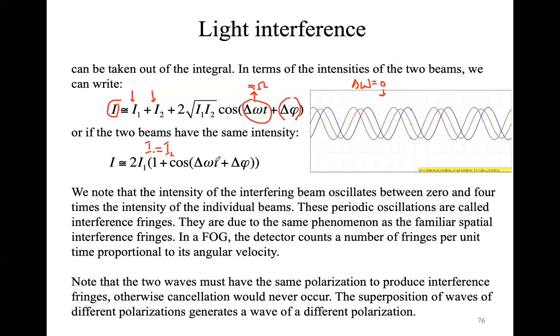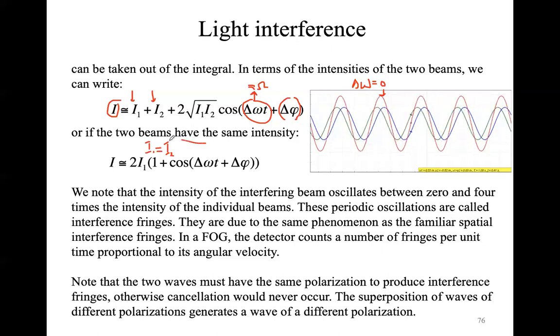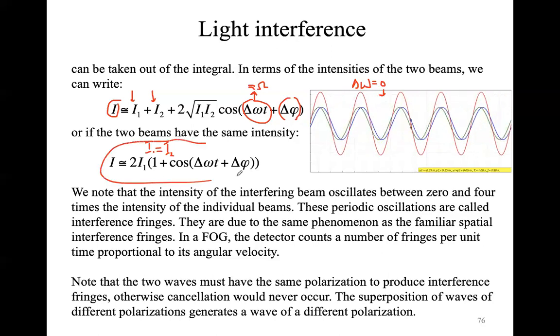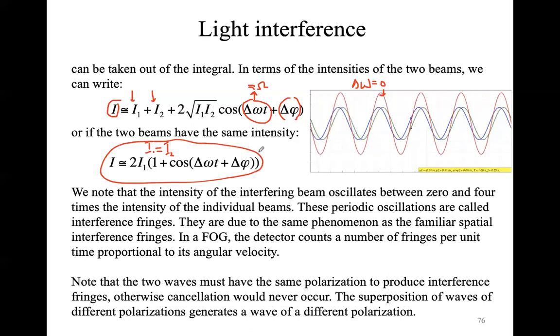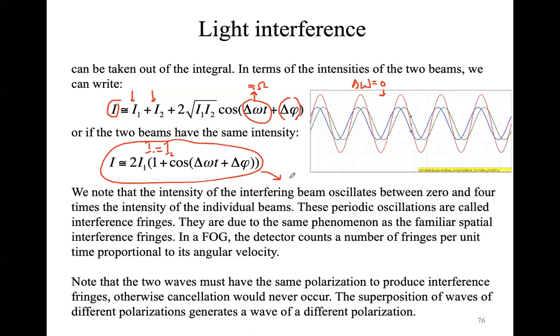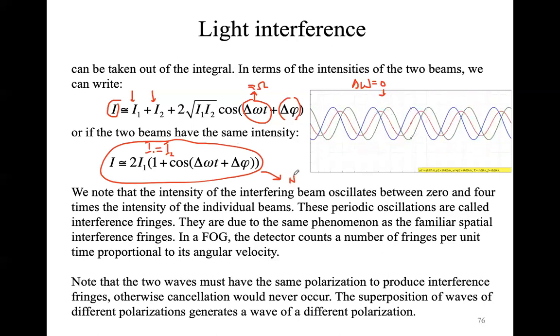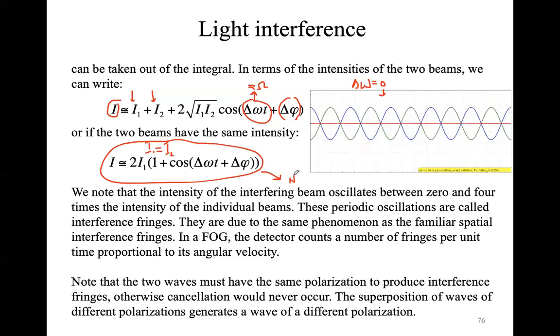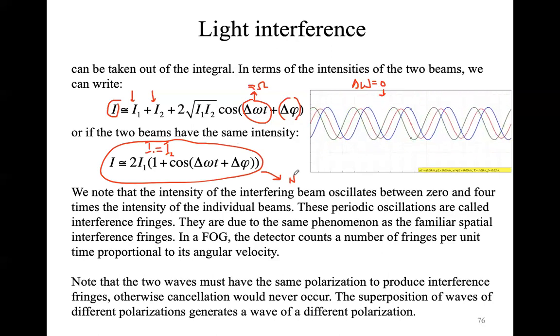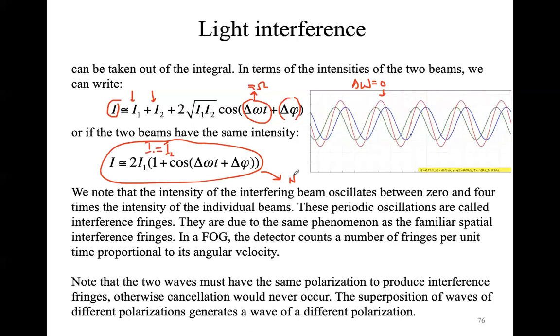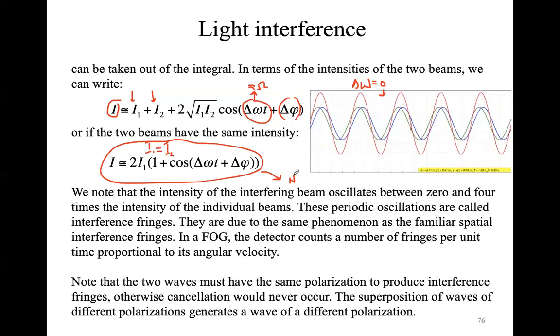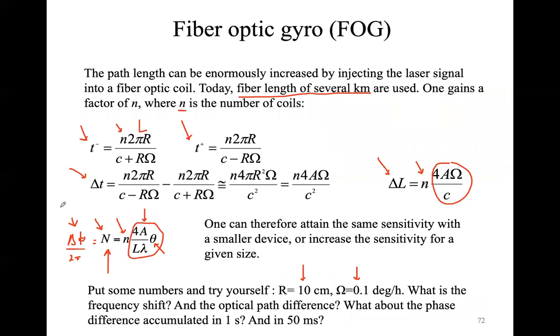So if you count the number of zeros of this intensity, you are able to measure your n. Your n gives you the number of zeros or the number of maximum signal. That is important because, of course, it gives you what we have discussed here.